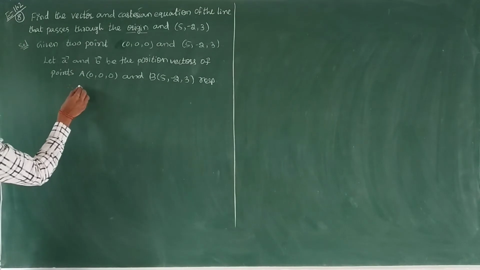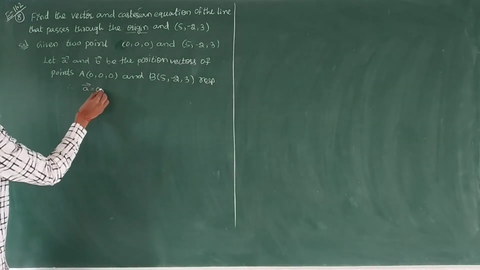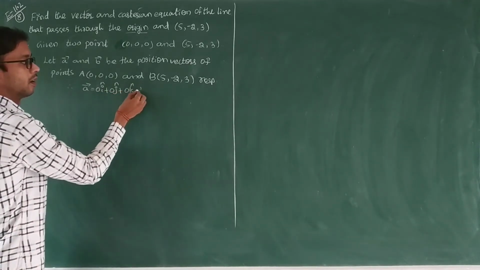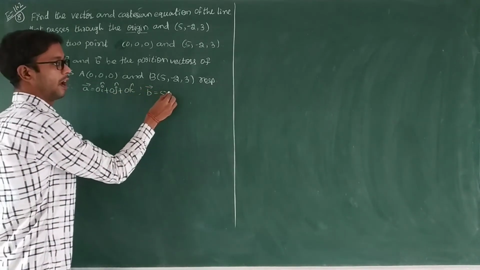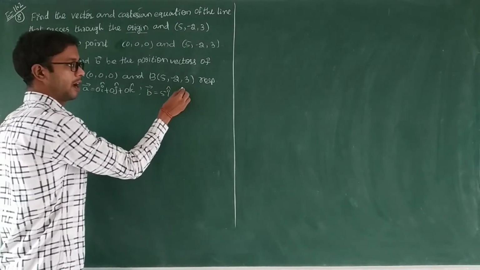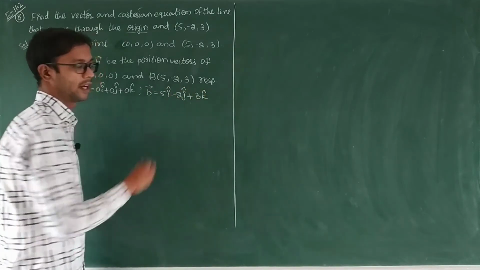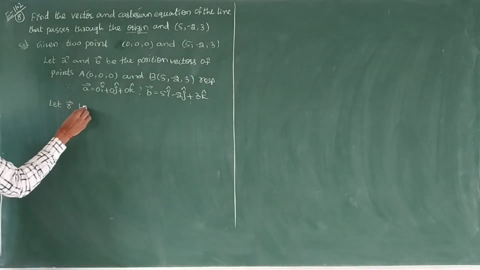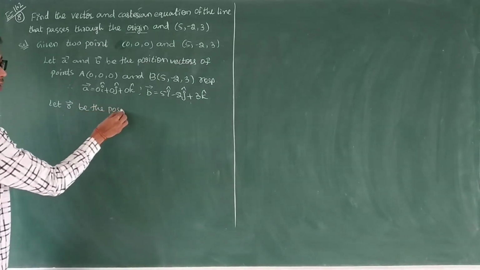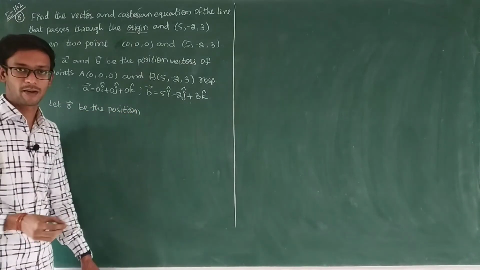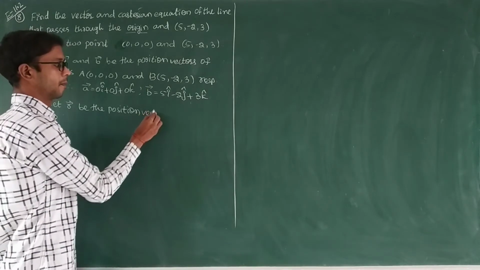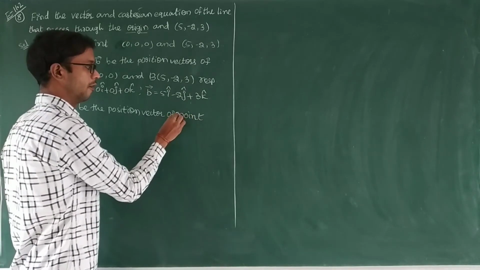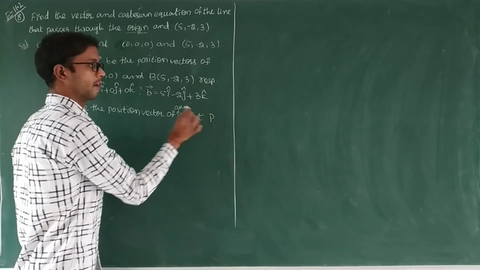Therefore, A bar equal to 0 i cap plus 0 j cap plus 0 k cap. B bar is equal to 5 i cap minus 2 j cap plus 3 k cap. And another, I am taking, let r bar be the position vector of any point capital P.